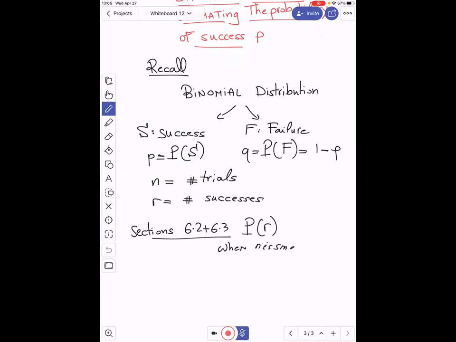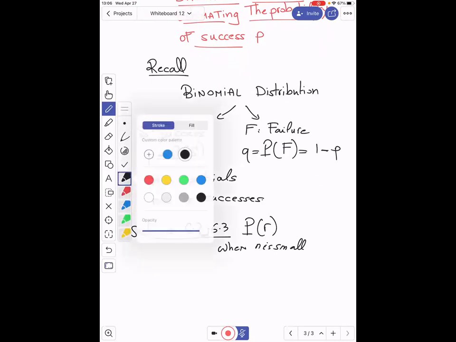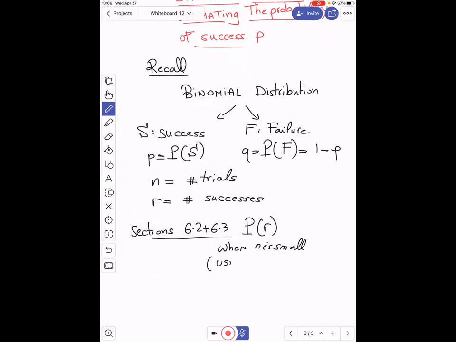By small, I mean we used table 2, in which the largest value of N was 20, so to use the table, your N has to be less than 20.